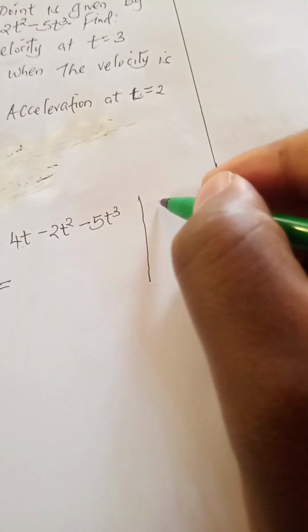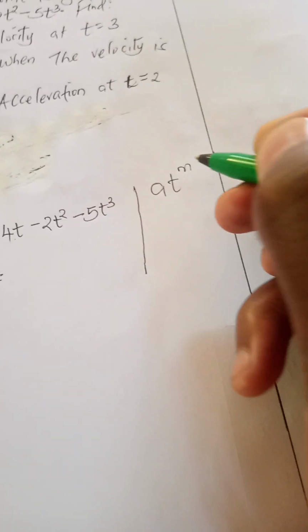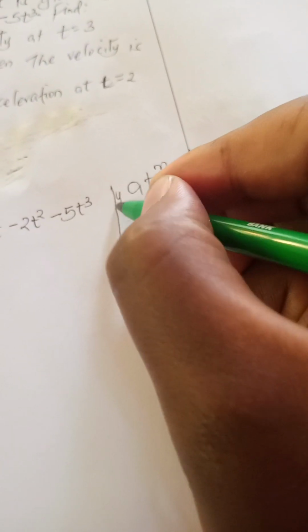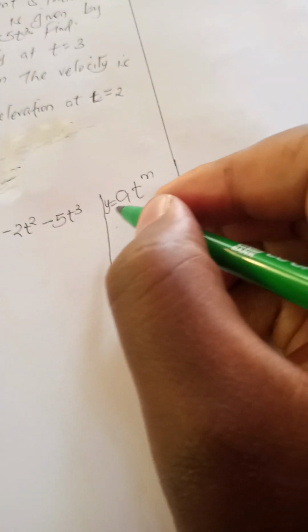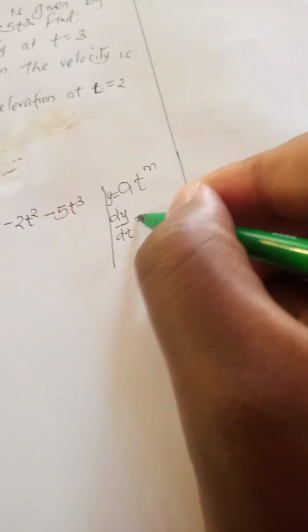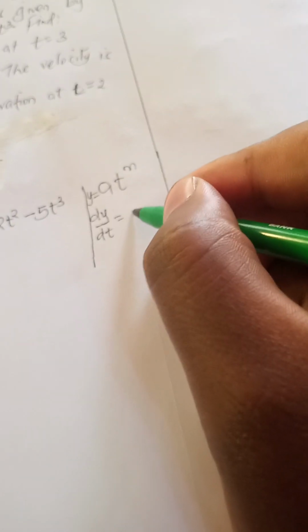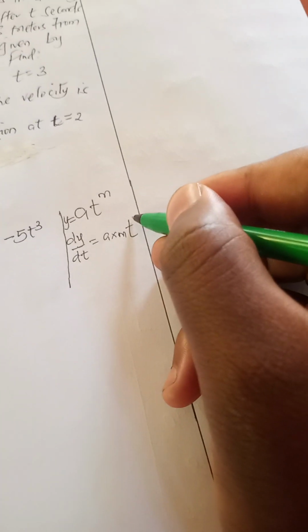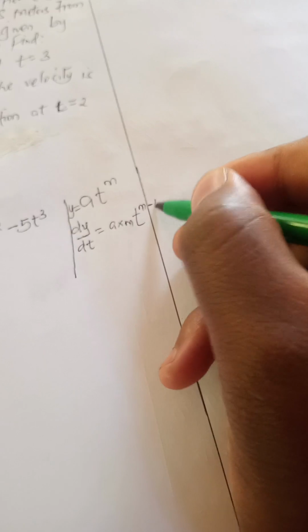so differentiating 4t, remember when we differentiate a t to the power of m, assuming this is y is equal to this, in other words, we say dy/dt is equal to, we take m multiplied by t raised to m minus 1.